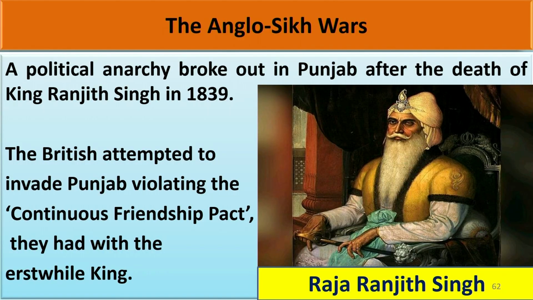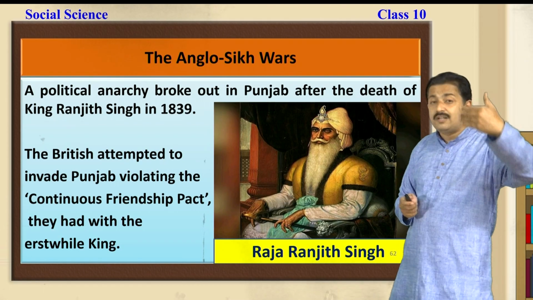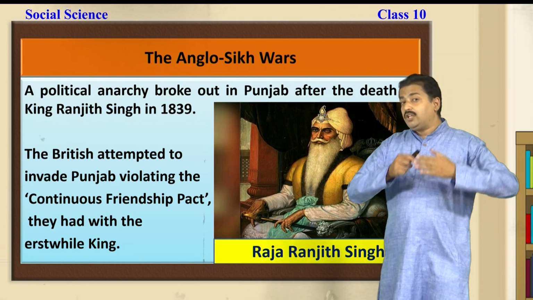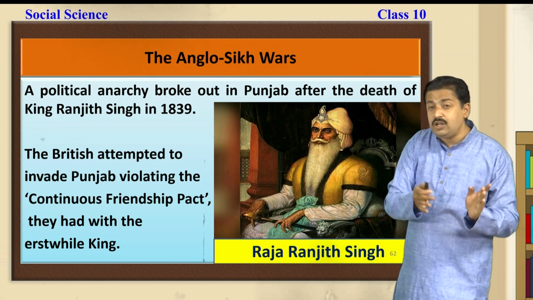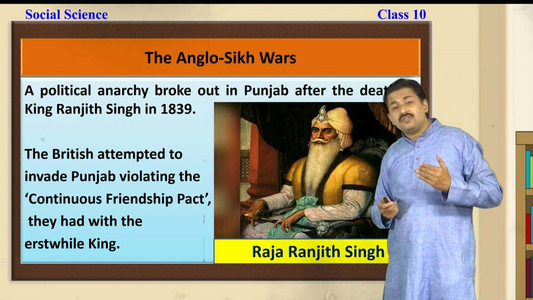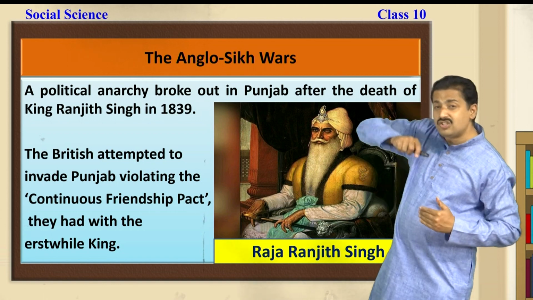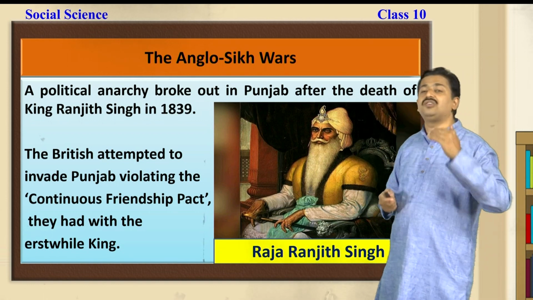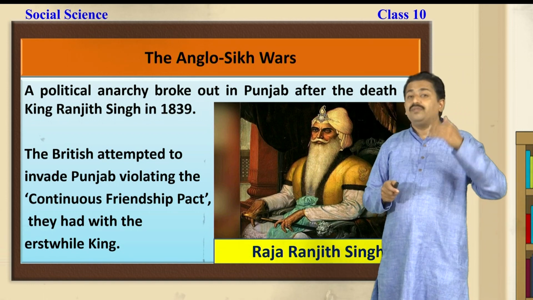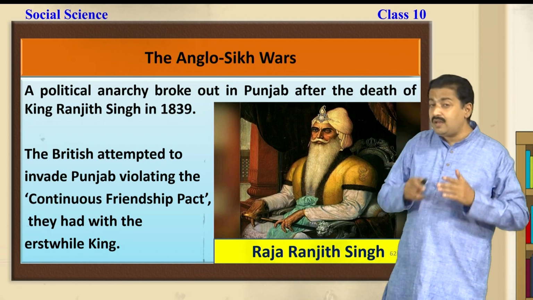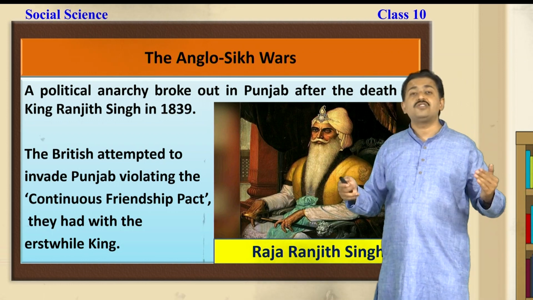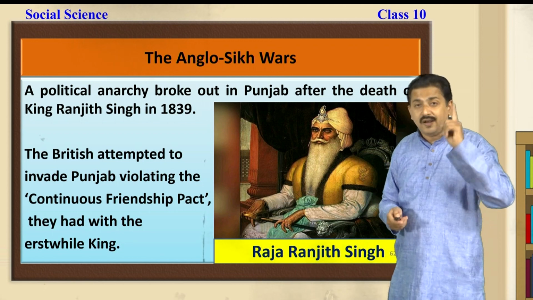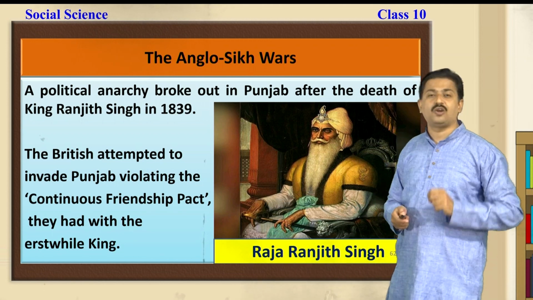But after his death, the British attempted to invade Punjab and tried to dominate and influence the administration in Punjab. They even violated the continuous friendship pact signed with the erstwhile king Raja Ranjit Singh. This violation of the pact by the British led to the two Anglo-Sikh wars.